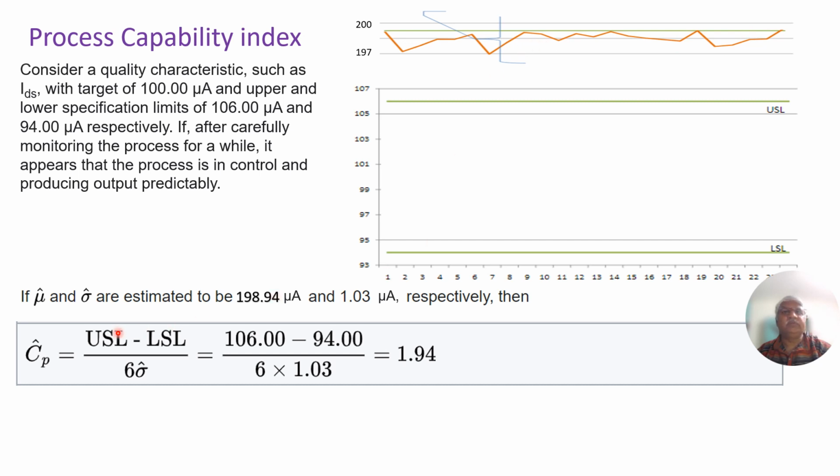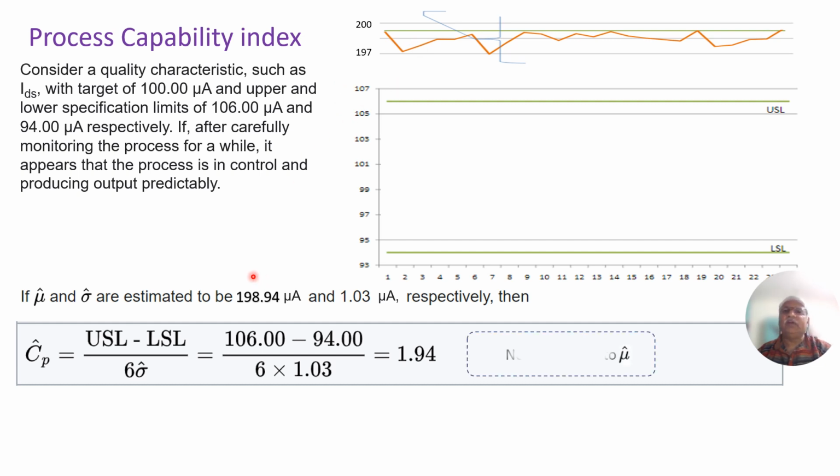Now if you calculate the same CP, it will result in the same value of 1.94. If it is 1.94, it is a very good value actually. But you know that this is a bad situation because it is way above USL, way above LSL. So this is not the right representation because it is already out of the range.